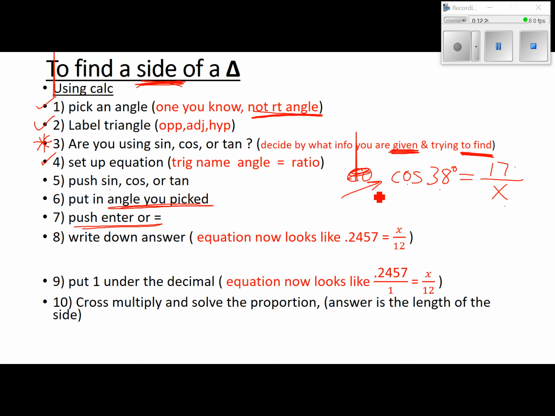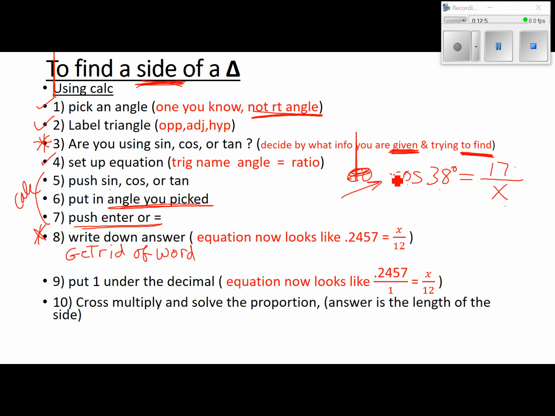Next thing you got to do, in these steps, you're using your calculator and you're getting rid of the word: sine, cosine, or tangent. You can't solve an equation that's got sine, cosine, or tangent in it.